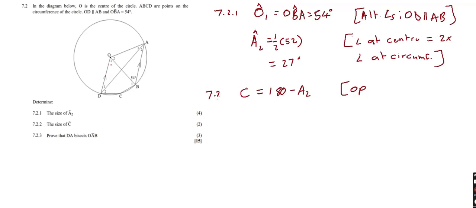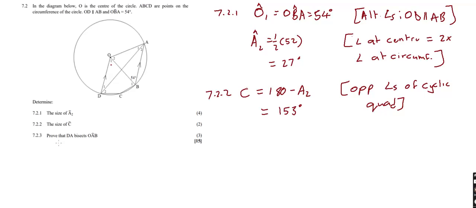This is 7.2.2. So this is 180 minus 27. That should be 153, I think. You will verify for me.